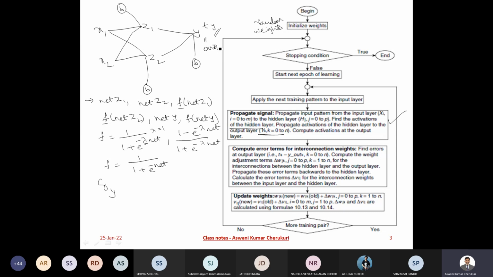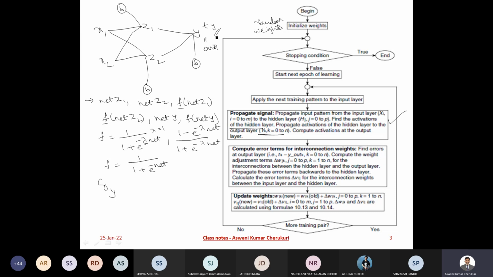The error at the output layer is calculated based on a formula. We will discuss those formulas a little later. So I will be calculating del y.